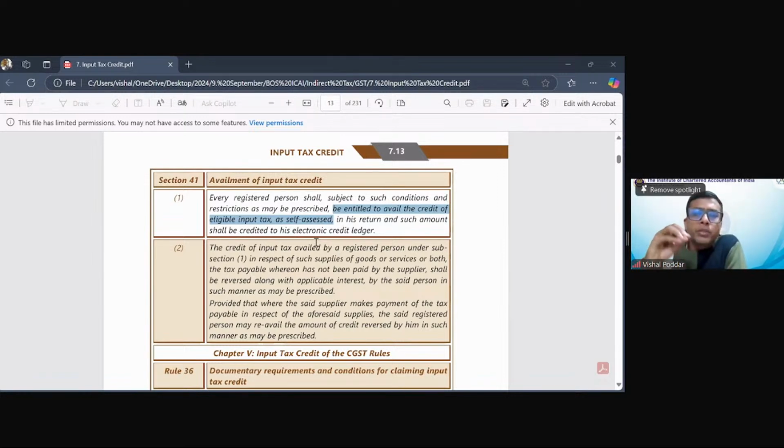And those eligible items, when I accept in my return or add in my return in the credit column, that will add to the 100 balance which was there at the starting. So let us say 400 eligible tax invoices have come. So 100 was the balance. Now my total amount of credit will become 500. So I will say I have availed 400. So at the end of this month, my total available balance is 500.